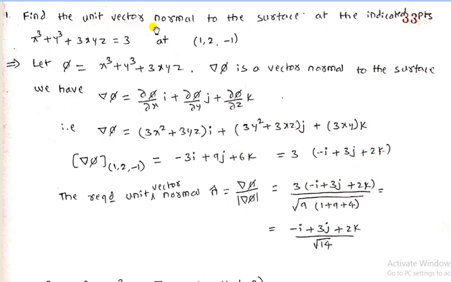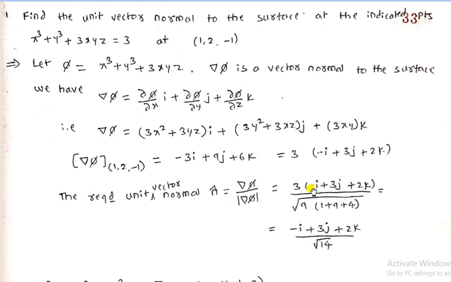Now the unit vector normal to the surface. You know the formula: n cap is equal to del phi divided by mod of del phi. You already know that del phi is 3 into bracket minus i plus 3j plus 2k, whole divided by mod of del phi. Mod of del phi means take the square root of the sum of squares of the coefficients of i, j and k. Square root of 3 square, that becomes 9.